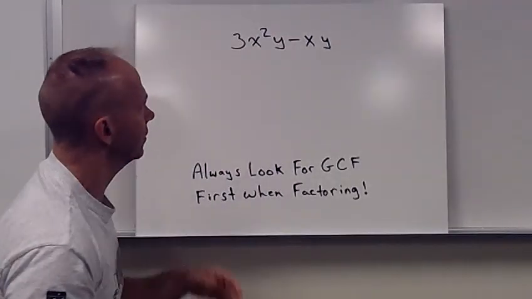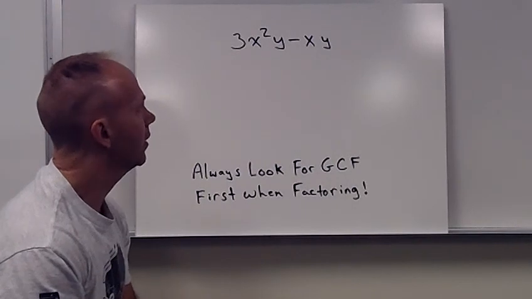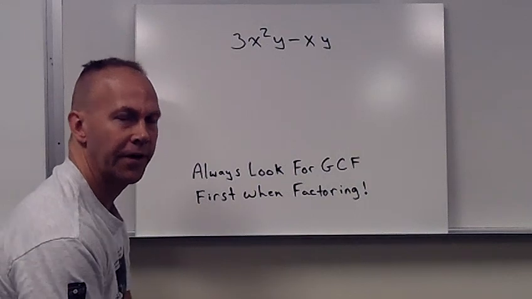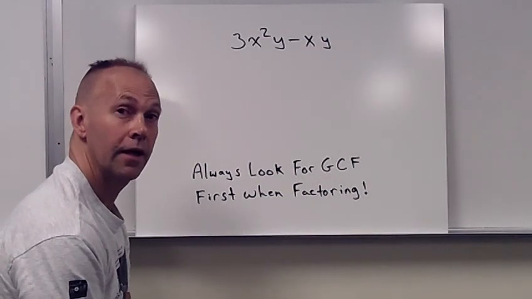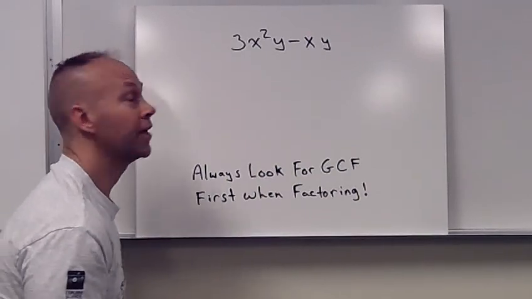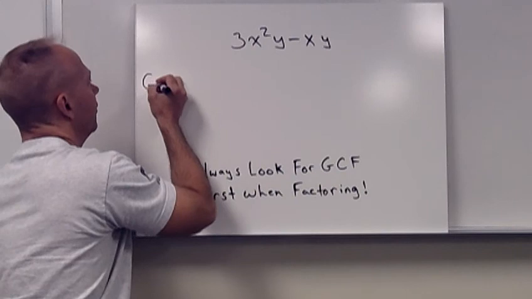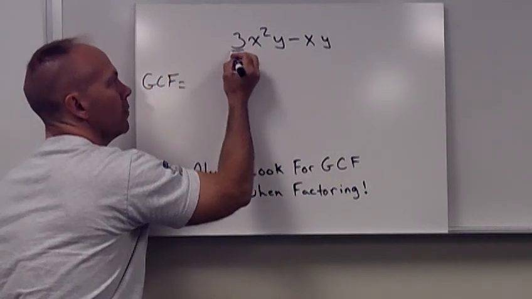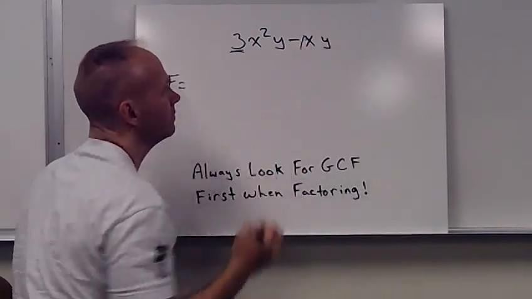So looking at this expression here, take a minute and pause the video and see if you can factor that. Hey, you're back. Good to see you again. Now, looking at this, my greatest common factor here, well, I look at the numbers. That's got a 3. The number right here, that's a 1.